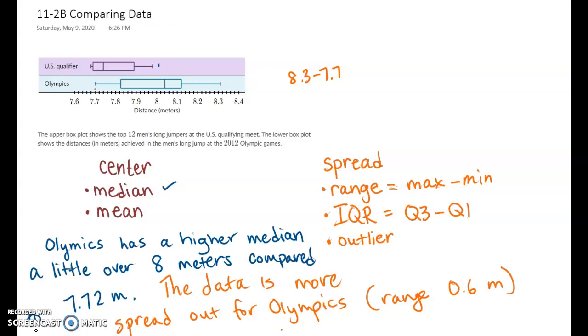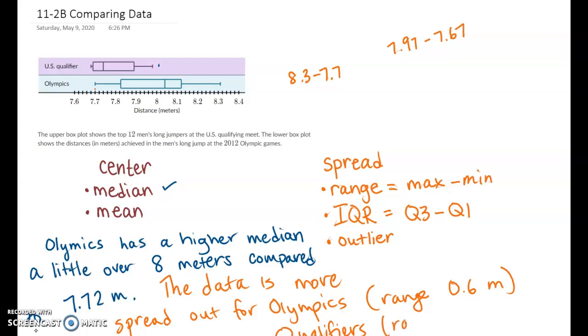And for the qualifiers, it looks like 7.97 minus 7.67.